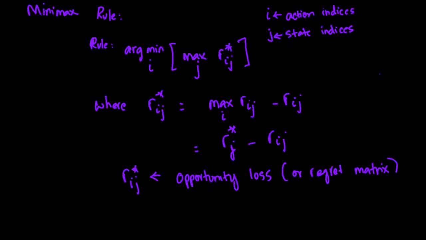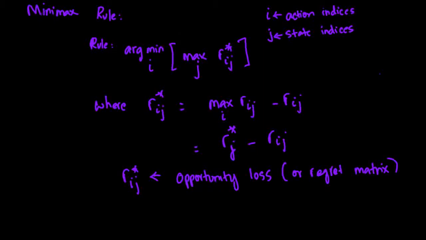After I find that maximum reward, which is denoted by max over i of R_ij, which is R_j star, I subtract the reward matrix elements from this particular value. And when I do that, I end up getting what we call an opportunity loss or regret matrix.